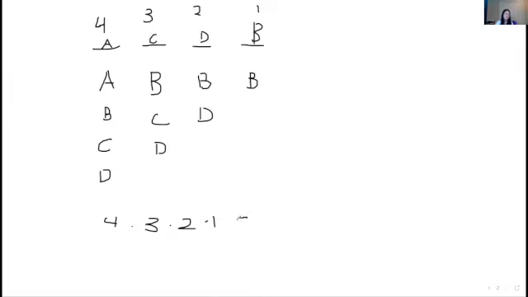So for the second chair, there are 3 possible ways to seat people in it. So pretend we put C here. And then for this third chair, we have 2 people left that can sit here. Pretend we put D in here. And then for this last one, we only have 1. 4 times 3 times 2 times 1, right? Yeah. So then you multiply all of them together.